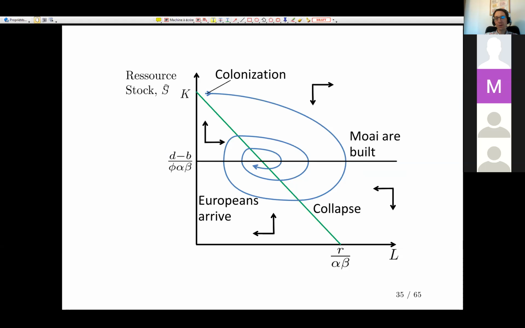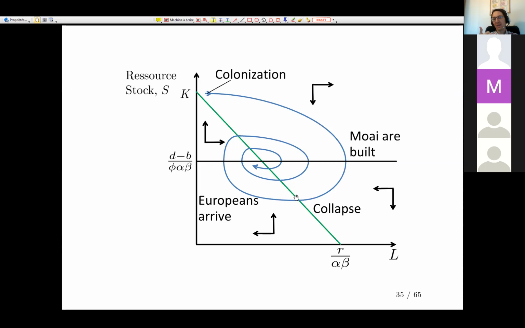So he has labor on the y-axis and resource stock on the x-axis. And also he introduced two things. First of all, he allowed for some government intervention to raise the price of food. That sounds weird because usually we don't want to tax food, but in this model, it's good to tax food because otherwise there's overproduction of food and overexploitation of nature.